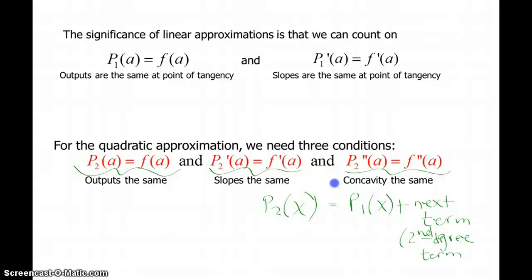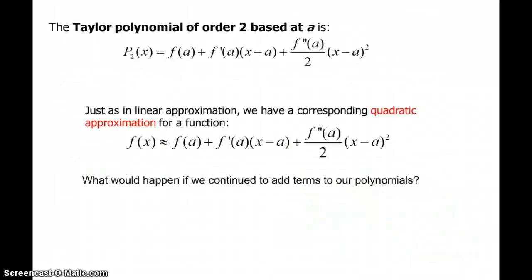So all of these P sub n of x's include the prior approximating polynomial terms already in them. And we'll see that as we build some approximating polynomials. So here is what the quadratic approximating polynomial, or the Taylor polynomial of order 2, based at a is.